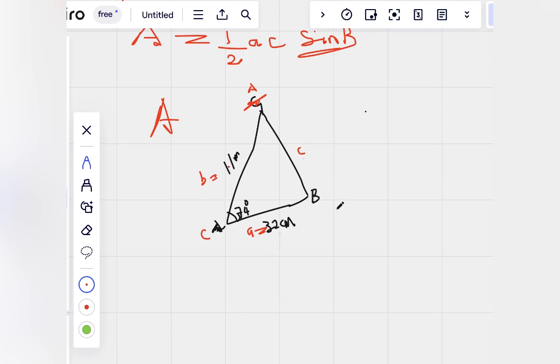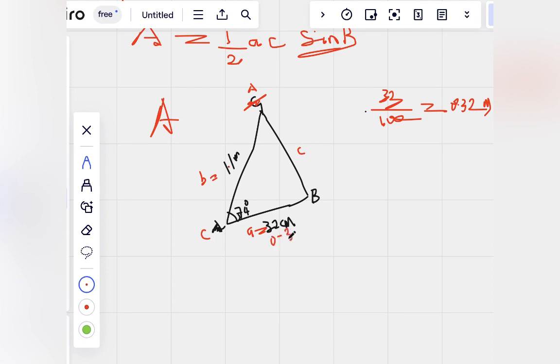Here, which is 32 centimeters, to change it to meters, we divide by 100. 32 divided by 100 gives 0.32 meters.